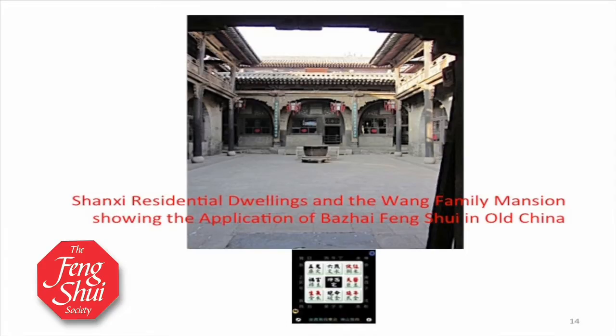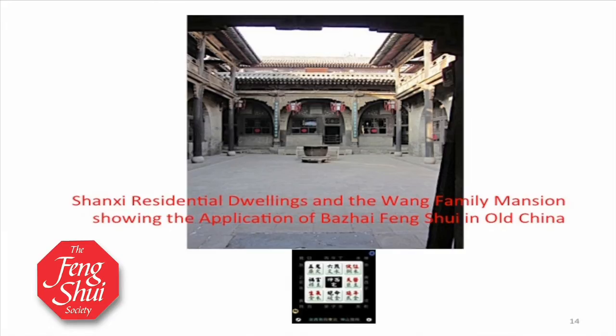This example I'd like to talk about shows the residential dwellings in Shaanxi province, and in particular a very special residential complex called Wang Yuan, the Wang family mansion, or Wang family residential complex, where the Eight Houses, the Bazhai method, is used in the planning and layout of the houses.